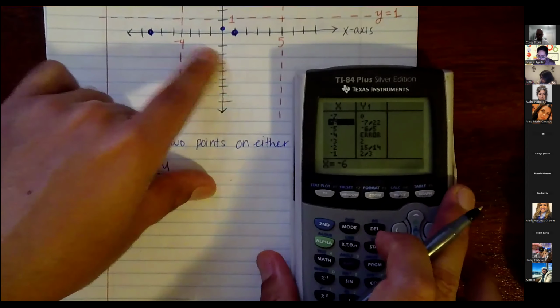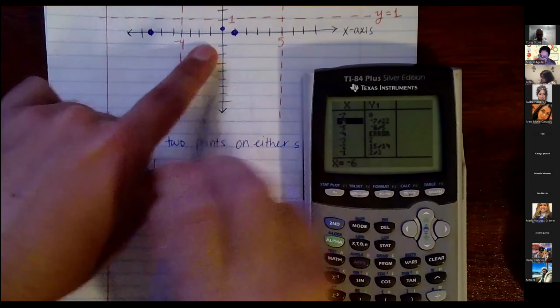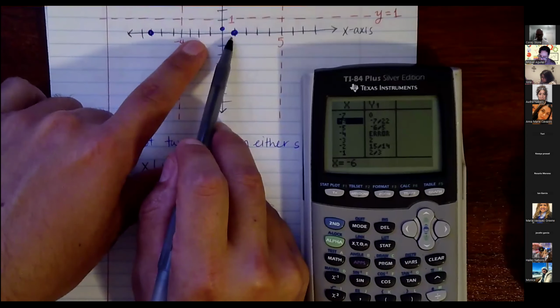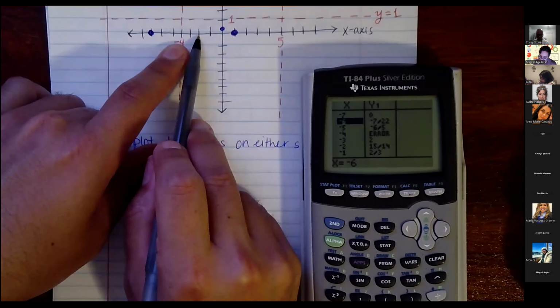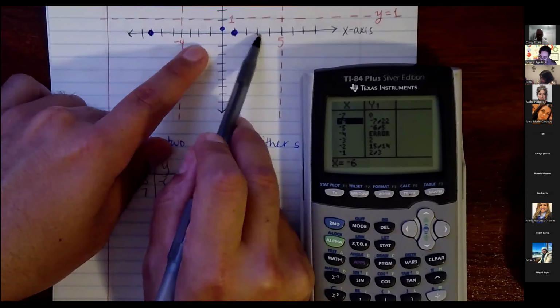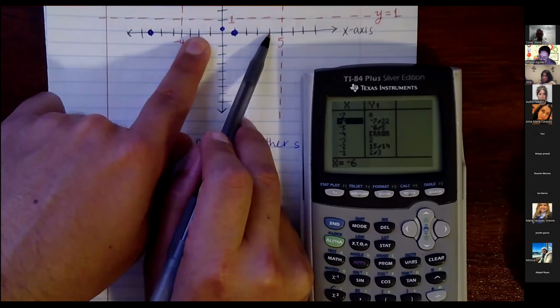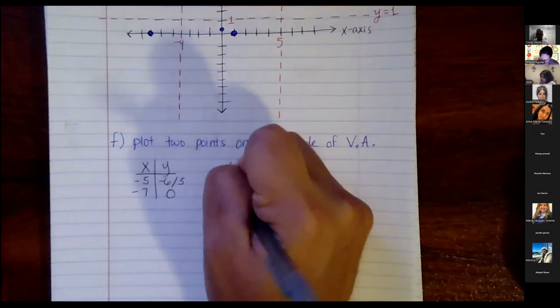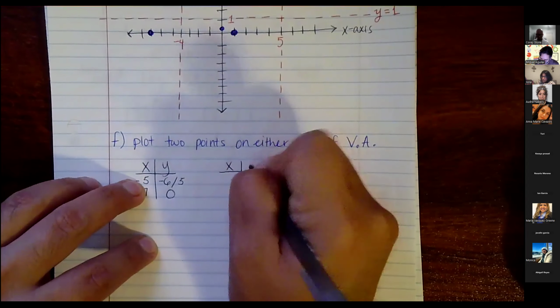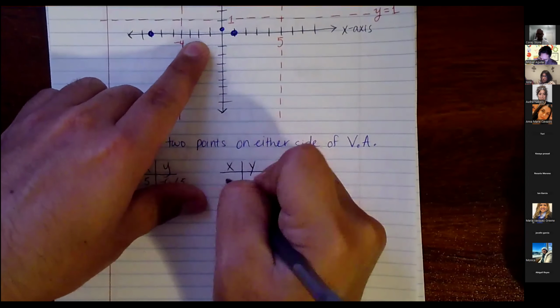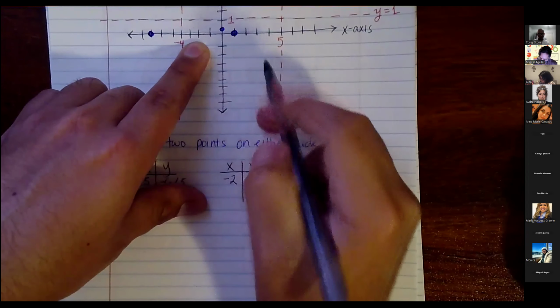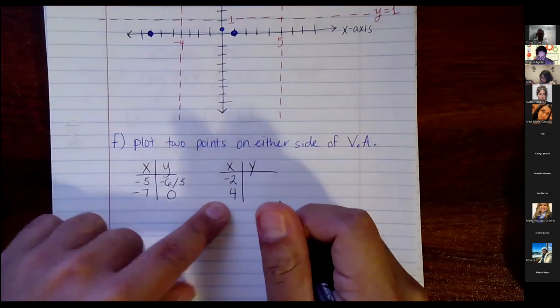But I need 2 points for the middle section. And right now, these points are kind of close together. So maybe I'm going to choose like -2. And maybe I'll choose like 4. I'm just choosing these randomly. You could choose whatever you want as long as it's within this section. So I'm going to choose -2 and 4 as my x values. Then I'll just look them up on the table.